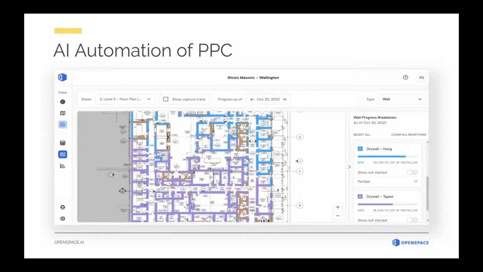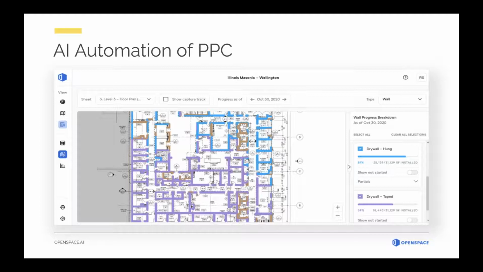And so what we've done is, with some takeoffs that were initially done by the team, we're able to pick up with even more accuracy than a person, down to the percentage of drywall taped versus drywall hung, because the AI can pick up, is that a screw visible, or is it taped over, or is it just framed with no drywall on it?